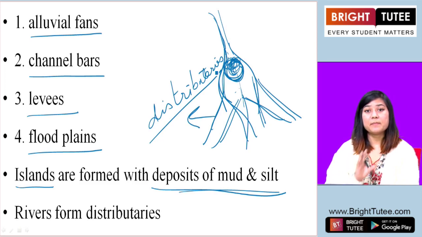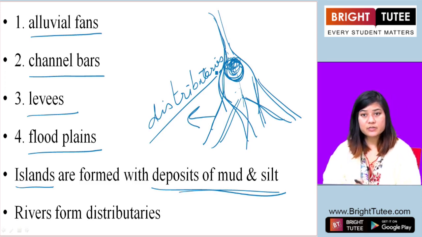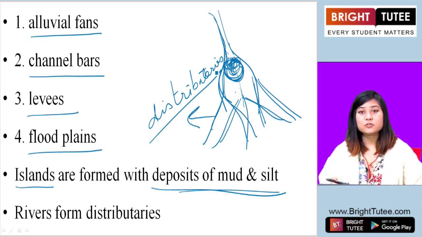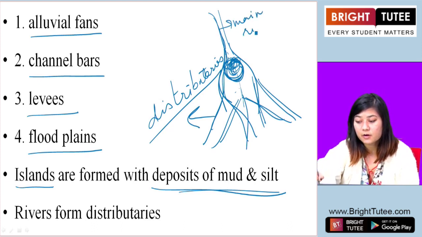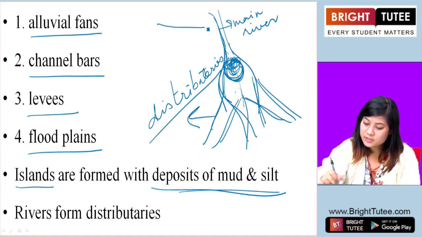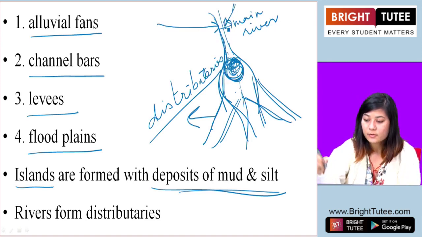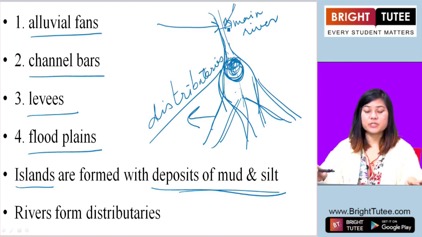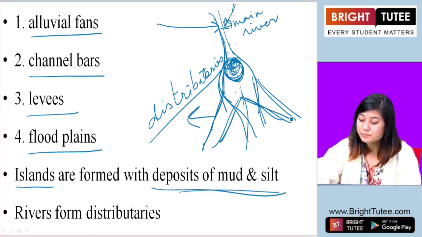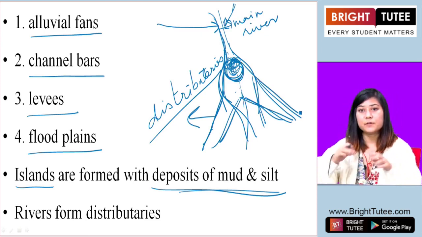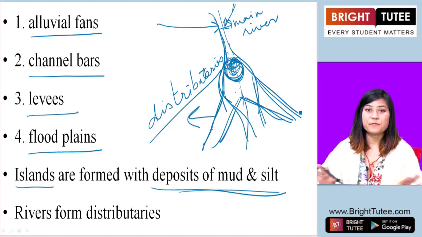I hope you remember tributaries. Tributaries are those rivers which join the main river. If this is the main river, then the tributaries join this. But the distributary, imagine distributing the water of the river. So the distributaries distribute the water of the main river into different channels.